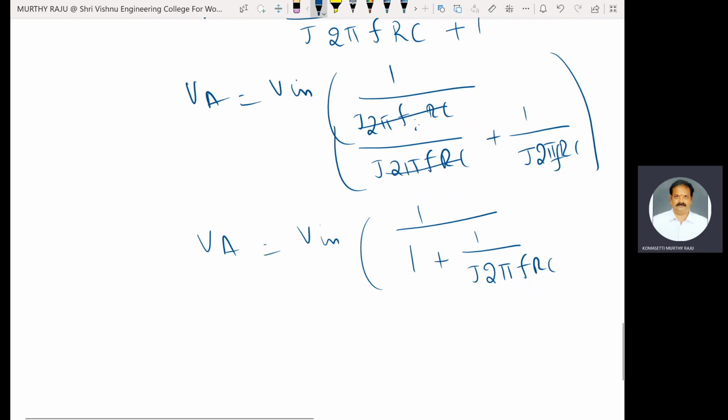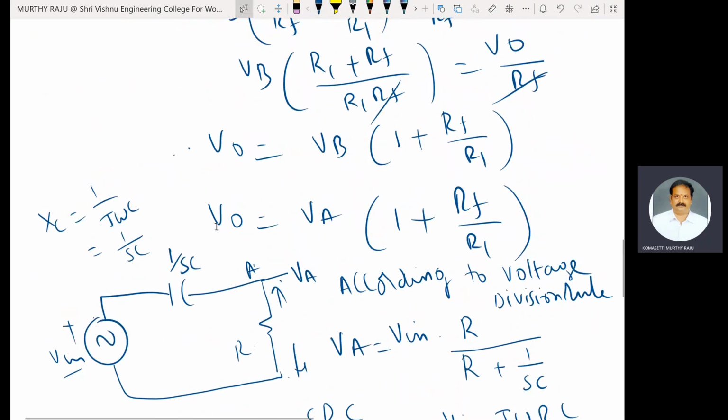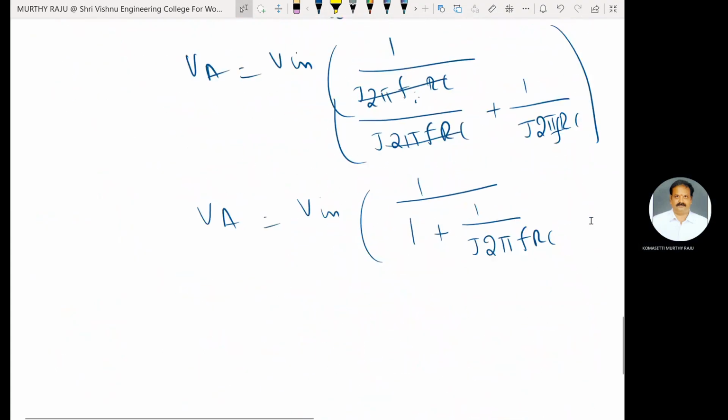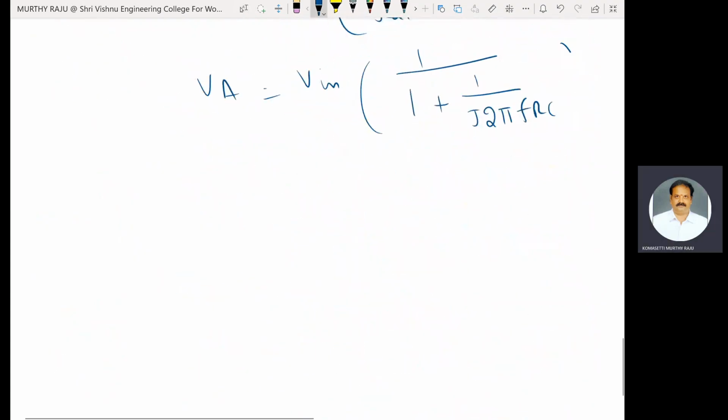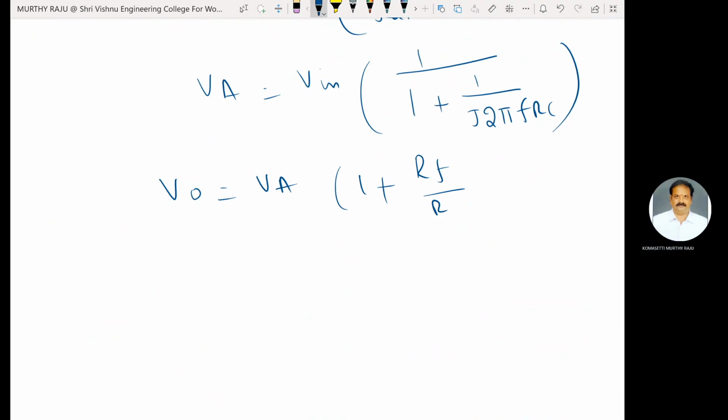We know that V0 is equal to VA into 1 plus RF by R1. Here the op amp is in non-inverting amplifier configuration, and 1 plus RF by R1 is AF.